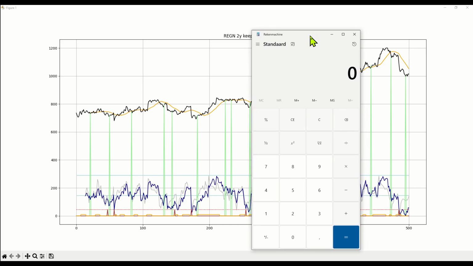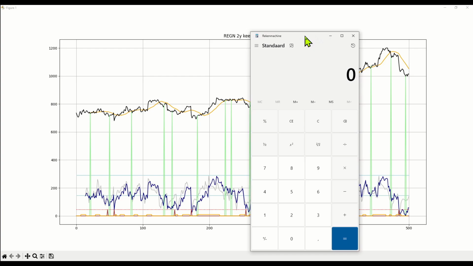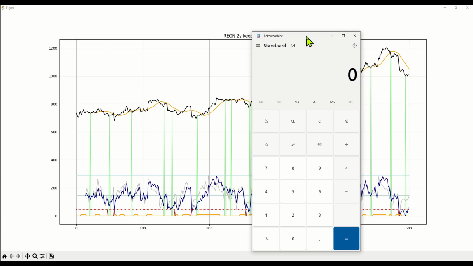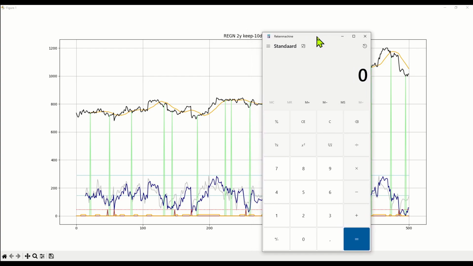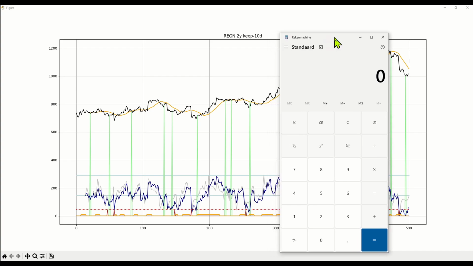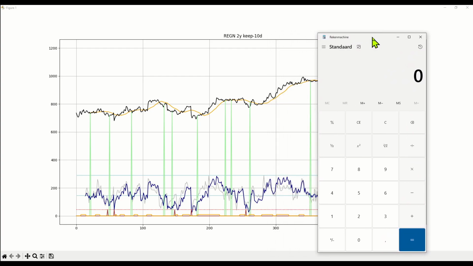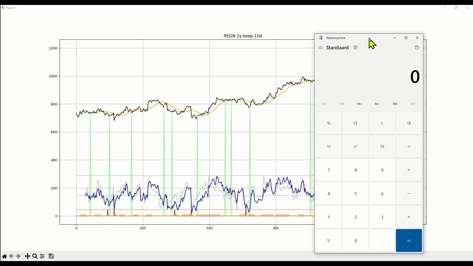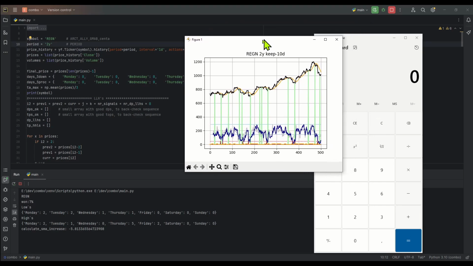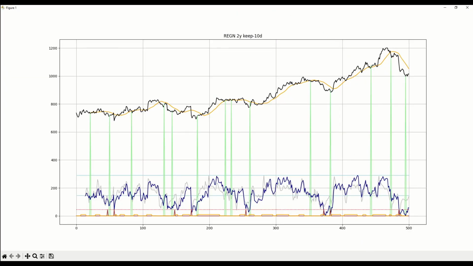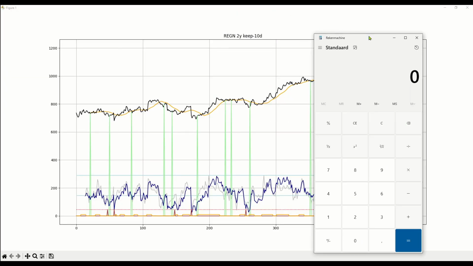Let's see. This is green. Oh, this is bad. 17%. You kidding me?